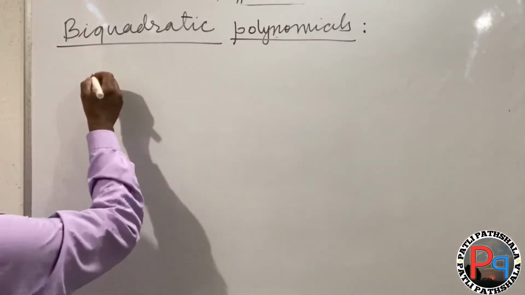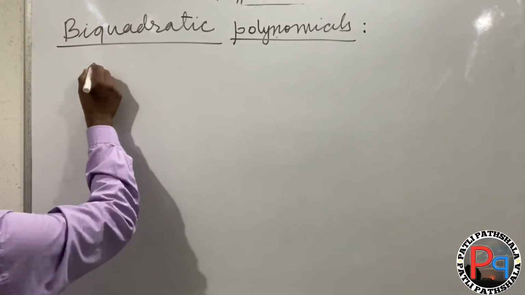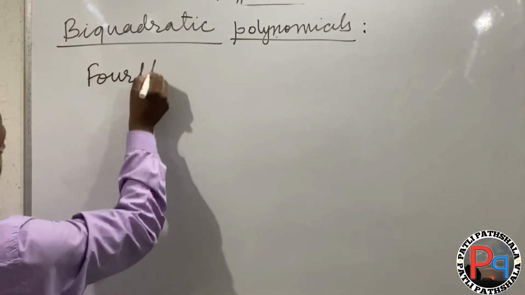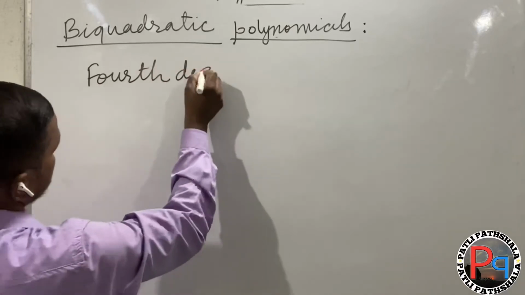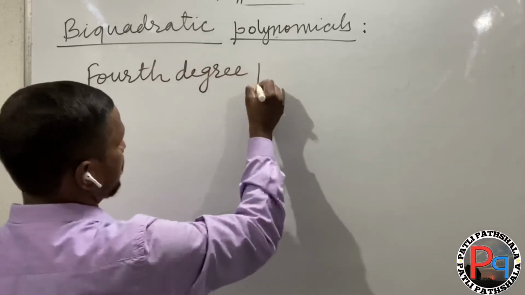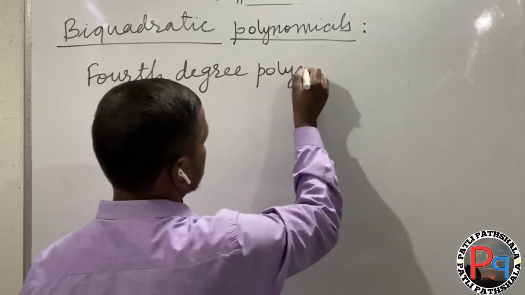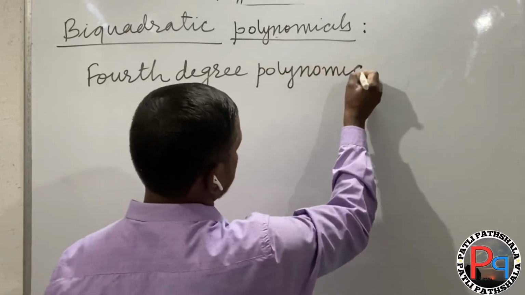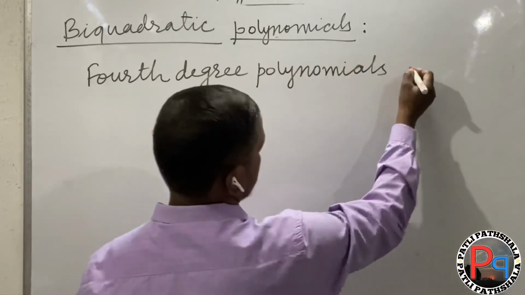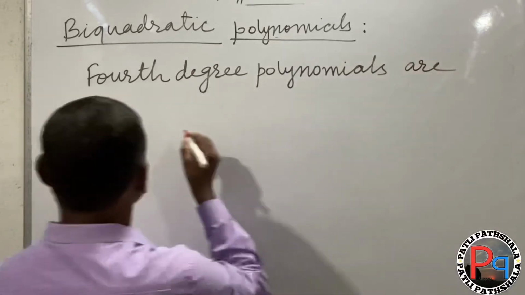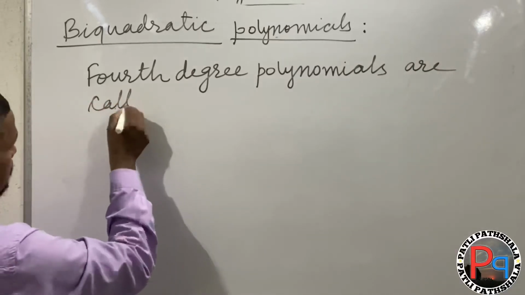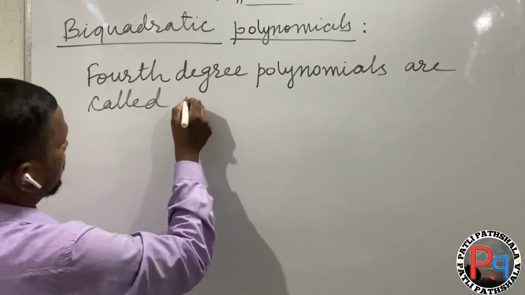So, fourth degree polynomials are called biquadratic polynomials.